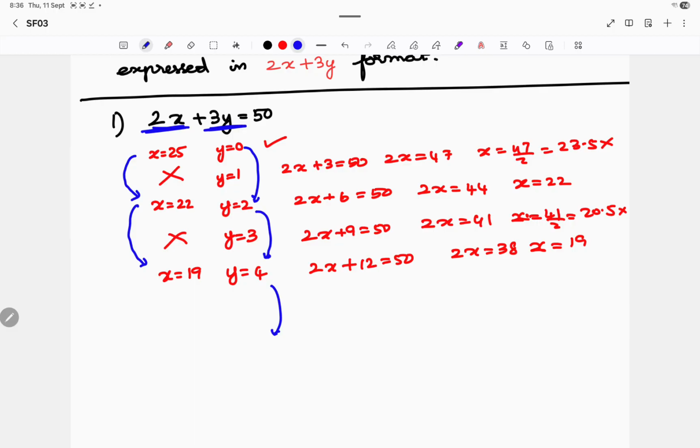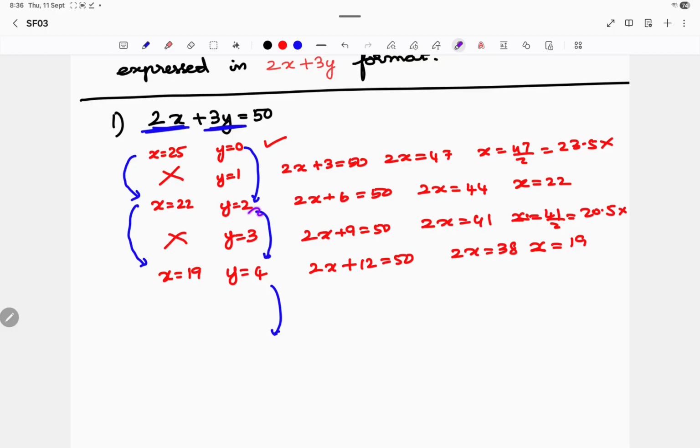Every time I increase y by 2, 2 threes are 6 gets added here, and to offset the 6, x should be decreased by 3, so that 2 into minus 3 will give me minus 6. So here every time plus 6 gets added, there minus 6 gets added. So the balance will be maintained and the sum will stay at 50.